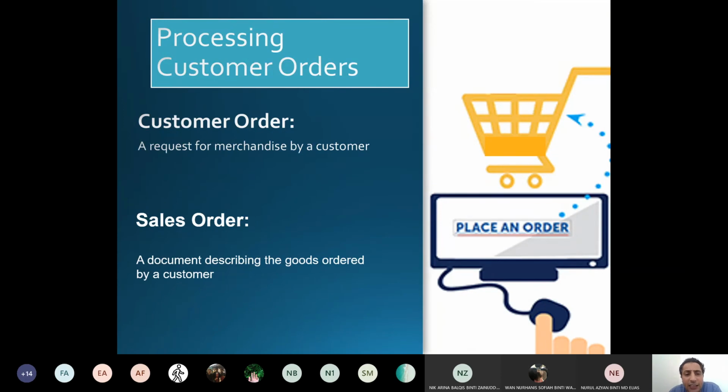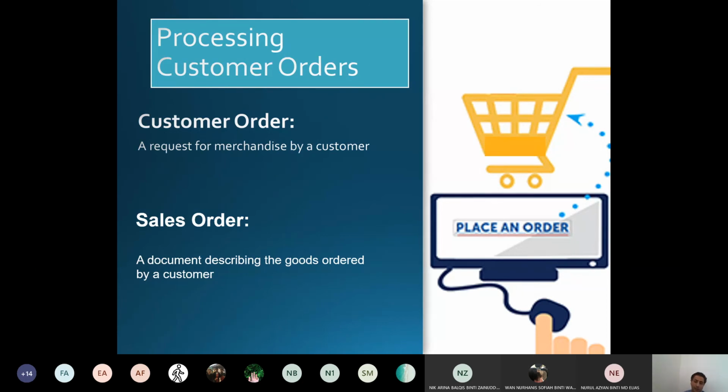So, processing the customer order, we need to differentiate between customer order and sales order. Customer order is the request of the goods or services by the customer themselves, whereas the sales order is an internal document that we prepare describing the goods ordered by the customer.